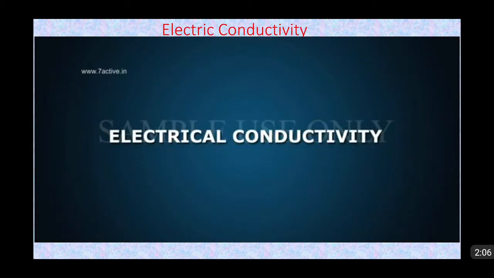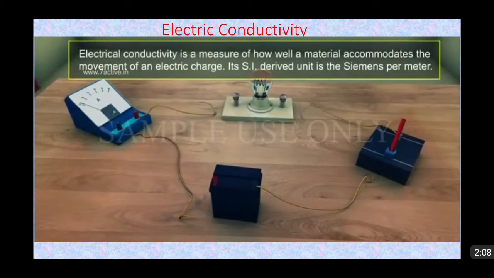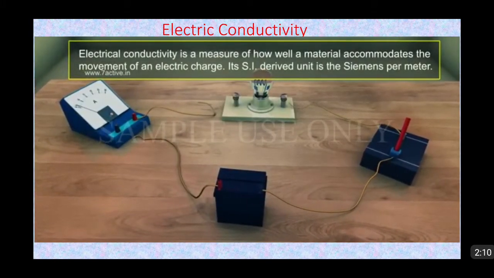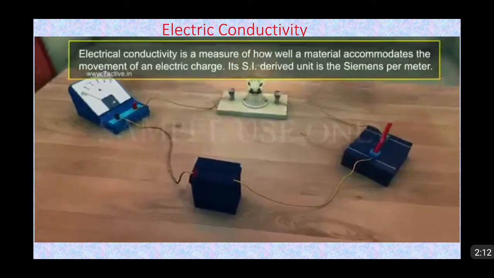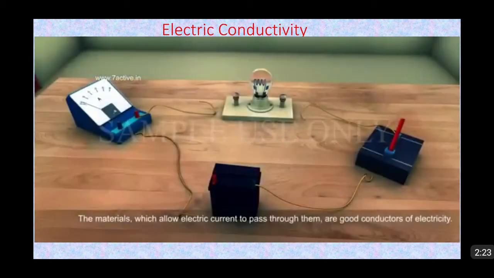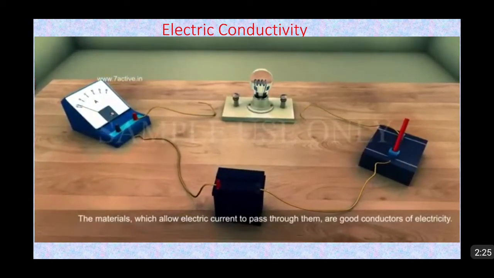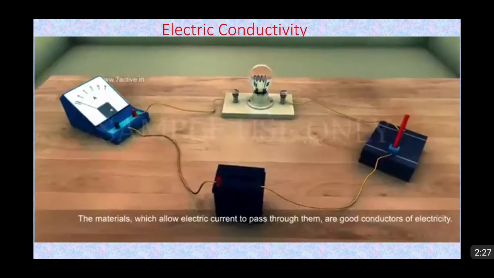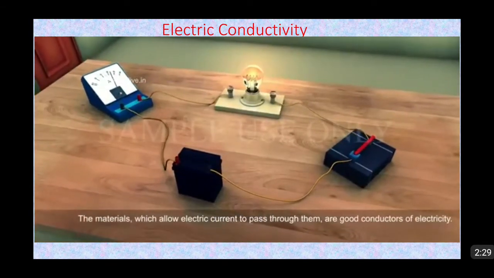Electrical conductivity. Electrical conductivity is a measure of how well a material accommodates the movement of an electric charge. Its SI derived unit is the Siemens per meter. The materials which allow electric current to pass through them are good conductors of electricity.